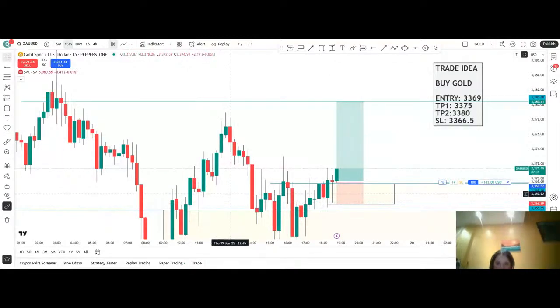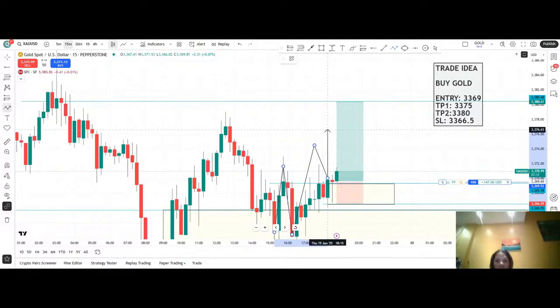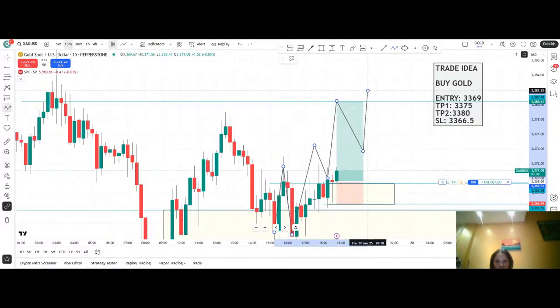Okay, so if this candle now takes out this high, then definitely the market structure is making a new high, as you can see here. If it breaks this high here, it will make a new high, and then I'll expect a small pullback. Then obviously it's going to go for that high, make a new high and continue going up.